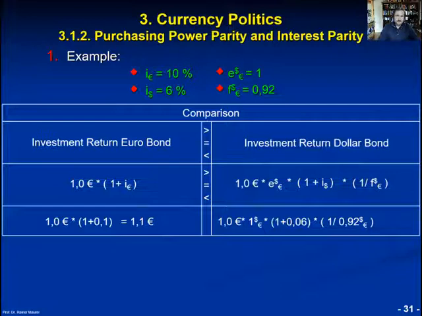Then we can calculate the numerical value of the dollar investment, which equals in this case 1.15 euro.